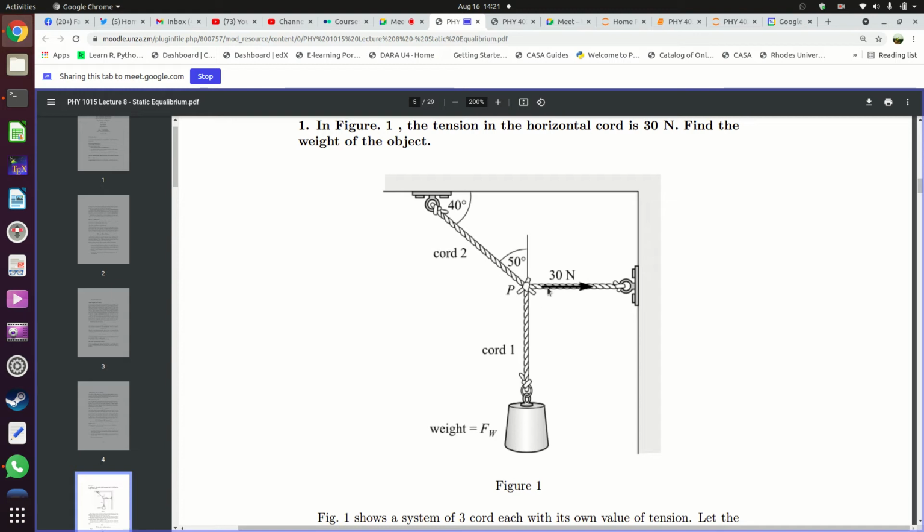If we do that, you notice that this rope, chord number 2, is at an angle of, up to here, that's 90 degrees, 90 degrees plus 50, that is 140 degrees. So this rope here is at an angle of 140 degrees. Then this rope here, if you count like that, 90 up to here, you're going to see that it's an angle of 270 degrees. Are we clear?